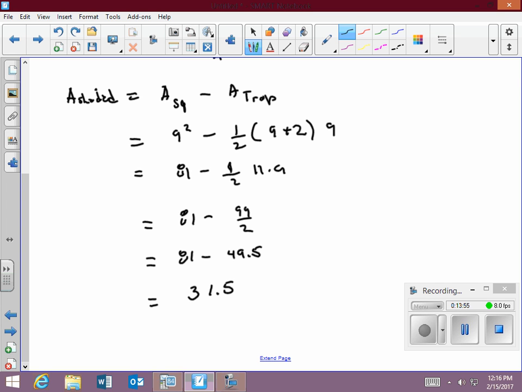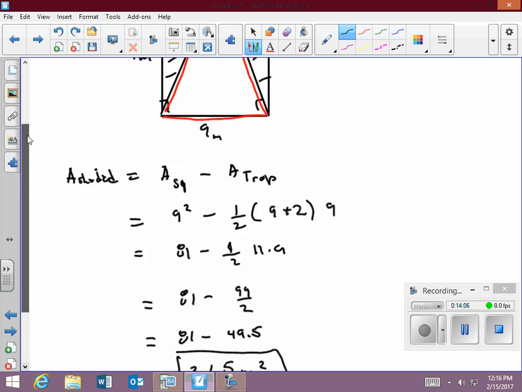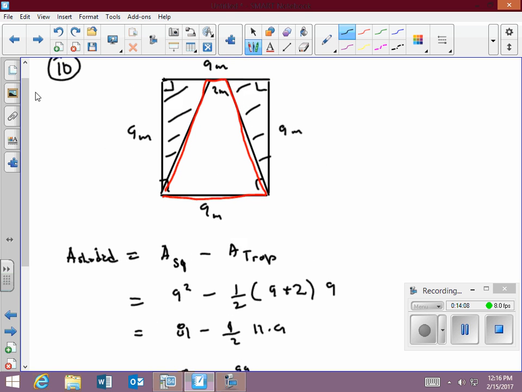Does that come up to 31.5 meters squared? So, do you see that?